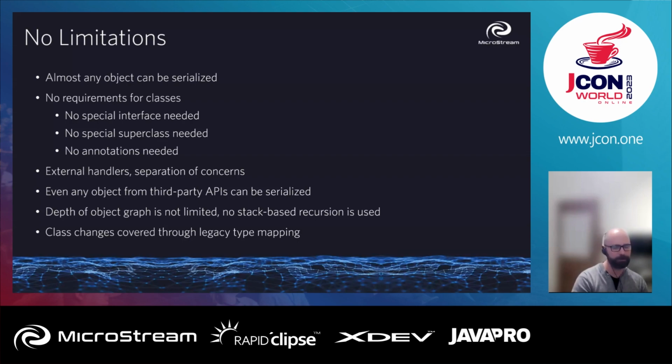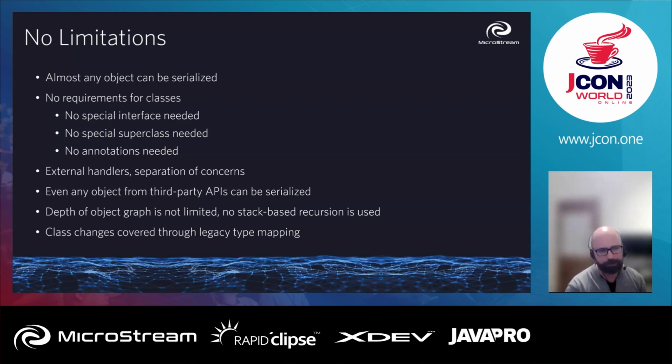But basically any object which is used in a business application, collections and POJOs and whatever objects you're using can be serialized. So there are no requirements for classes, so you have no special interface. You don't have to implement java.io.Serializable or any other interface. You don't have to extend from a superclass, and you don't need annotations as well. So you can use pure POJOs, pure Java code without any special needs.